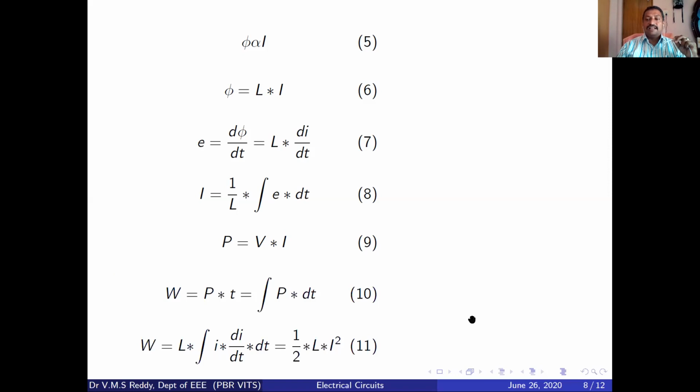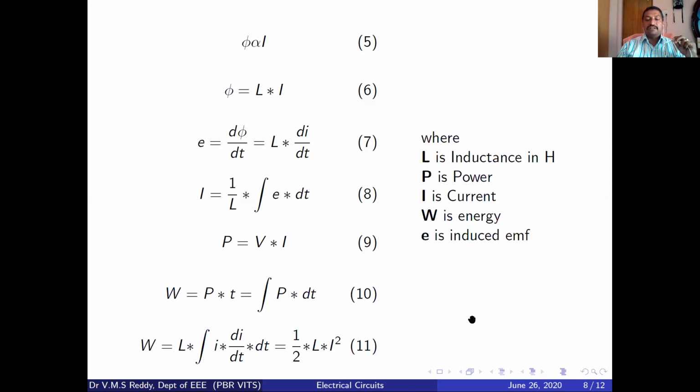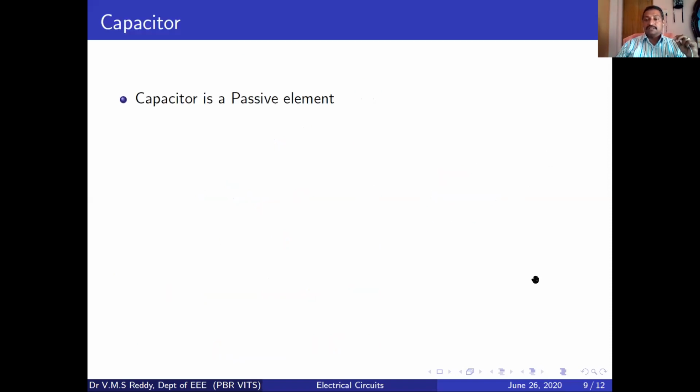That value is half L I square, and the energy can be increased by increasing the value of inductance or current. Here L is inductance, units are henries; P is power, units are watts or kilowatts; I is current, amperes; W is energy, units are kilowatt hours; E is induced EMF across the coil of the inductor, units are volts. So that is about the inductor.